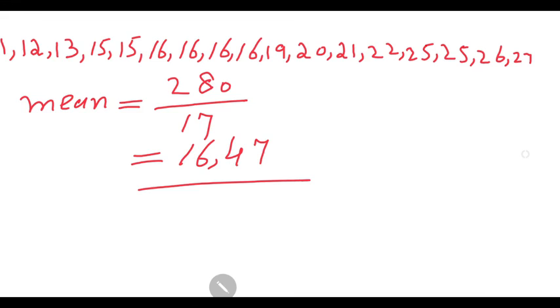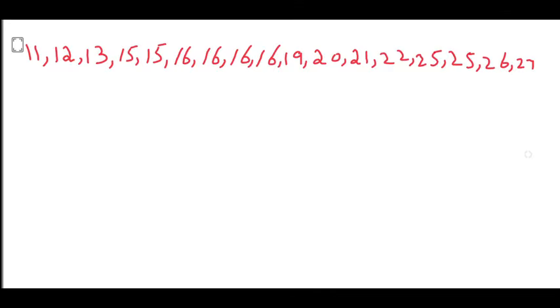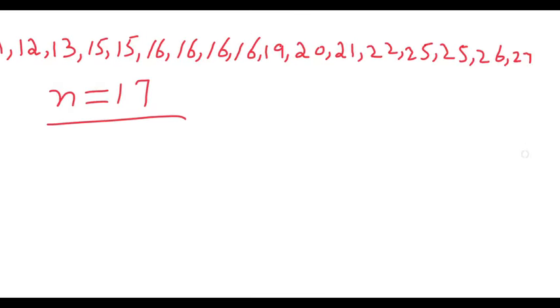Now I'm going to show you how to determine the median. The median is the middle value in an ordered data set. Since n is equal to 17, remember the total number is 17. Don't forget this. I'm going to show you two methods. The first method, you need to find the position of the median.